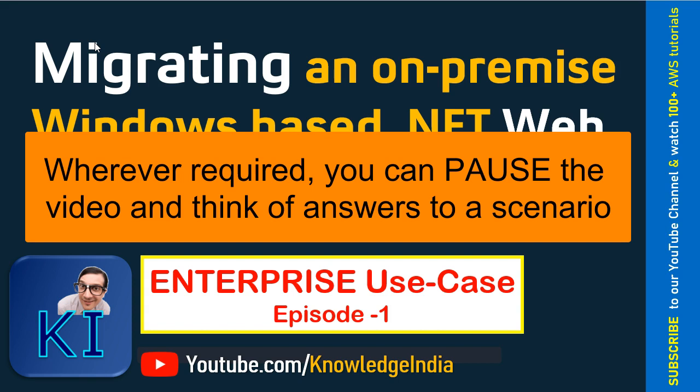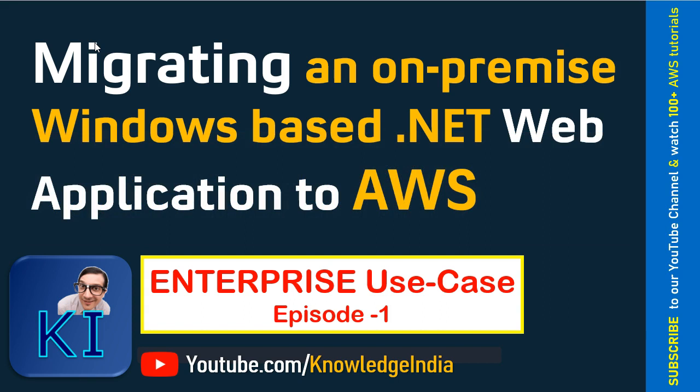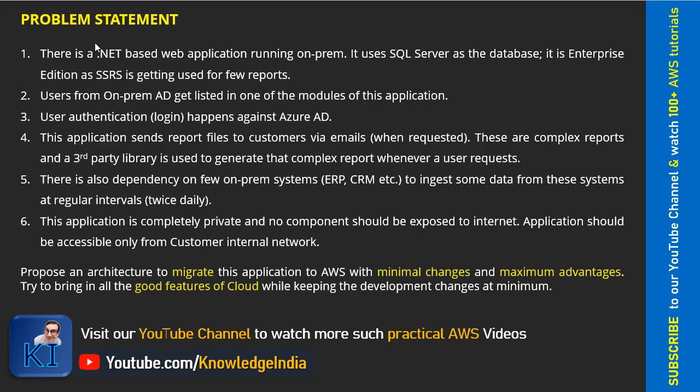What we are doing in this particular use case is, there's an organization which has a Windows based web application, a typical .NET application, ASP.NET based, and it is running on-prem. So of course it would be running on a Windows server. The plan is that they want to move this application to cloud, to AWS. While doing that, they do not want it to cost them a lot in terms of changing things, and hence development cost should not increase much.